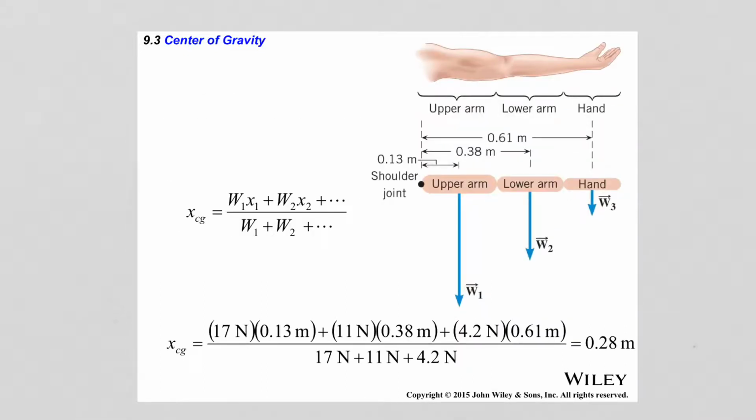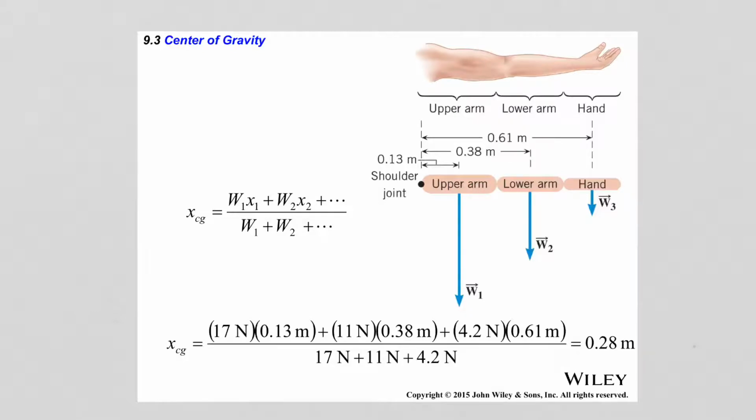The definition of the center of gravity position was the torque of each weight added together divided by the total weight of the object. So for the upper arm we have 17 newtons times 0.13 meters. For the lower arm we have 11 newtons times 0.38 meters. For the hand we have 4.2 newtons times 0.61 meters, divided by the total of the weight, and that gives us 0.28 meters for the position of the center of gravity of the entire arm with respect to the shoulder joint. So that will be located somewhere right here.